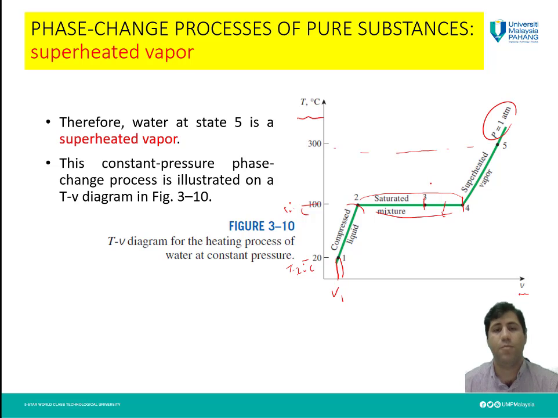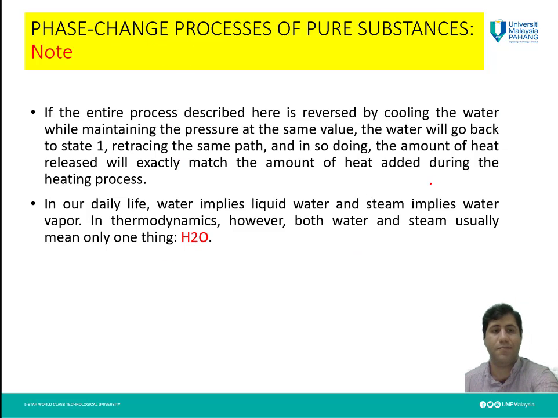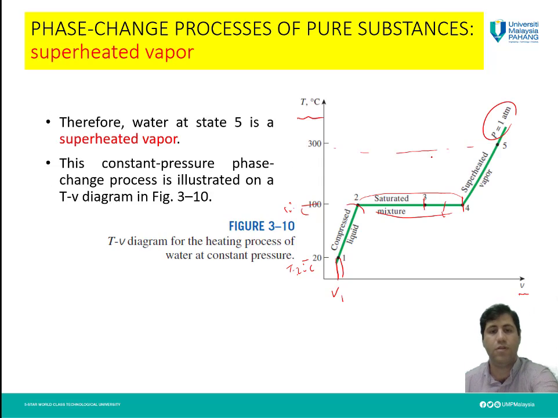These diagrams are important, and we will use these diagrams to explain the different phase change processes for different materials, because it is easy to understand the relationship between temperature, volume, and pressure, and phases of a substance.